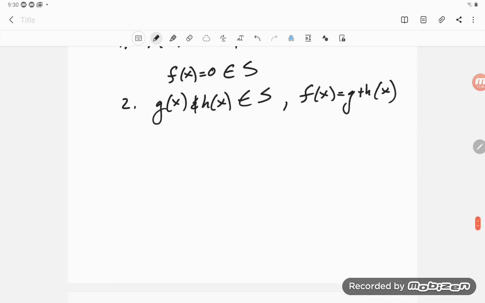Well, then f prime of x, we want to know, is that defined? But f prime of x is just g prime of x plus h prime of x. So defined.